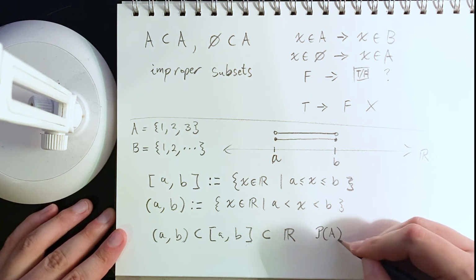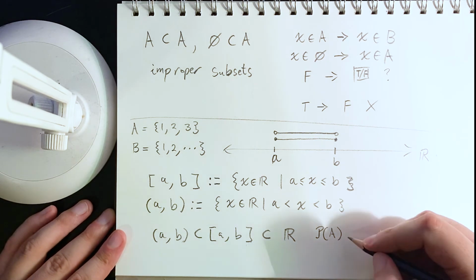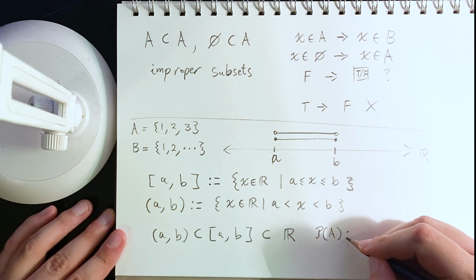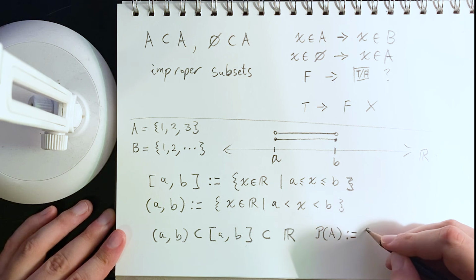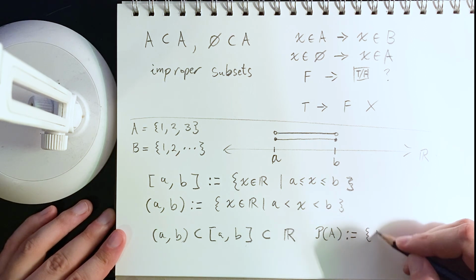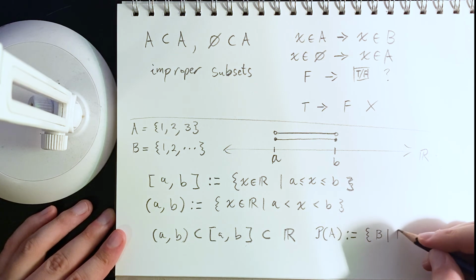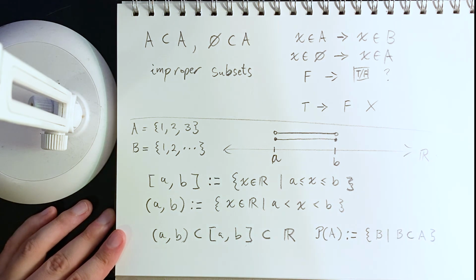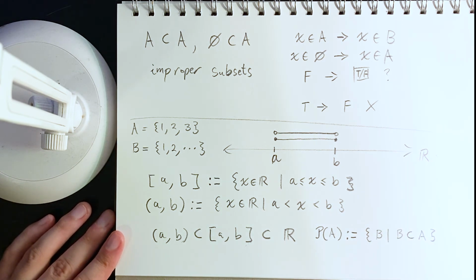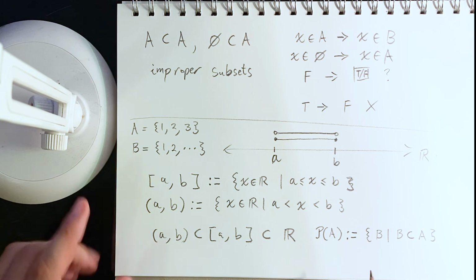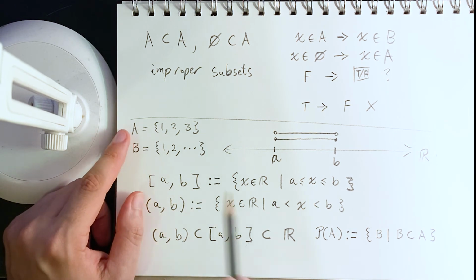the power set of a set. So the power set of a set is a set of sets with the condition that each element, each set, is a subset of A. So for finite sets, this is easy enough to show.